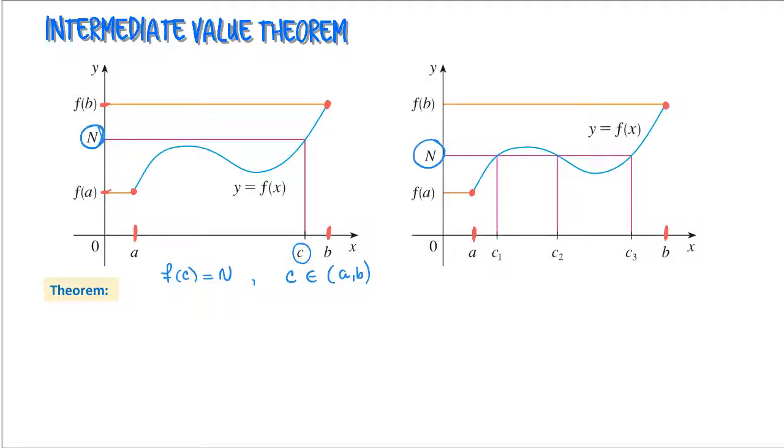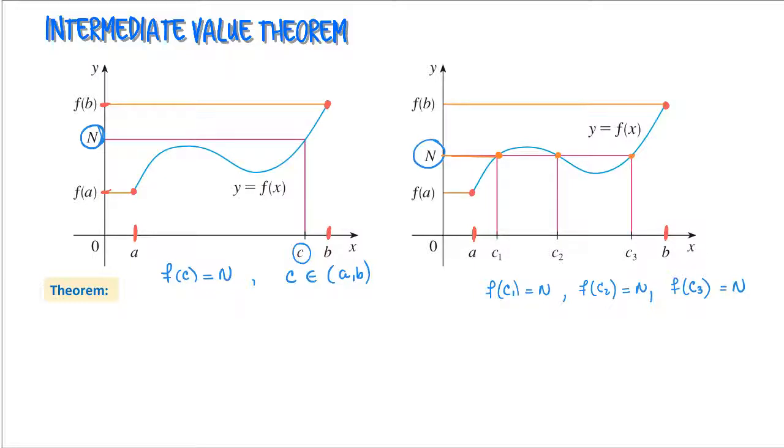Here we have that f of c sub 1 is equal to n, f of c sub 2 is equal to n, and f of c sub 3 is equal to n. How beautiful. So I am going to mark them over here. Look at this horizontal line. This is the first intersection, the second intersection at the same level n, and the third intersection.